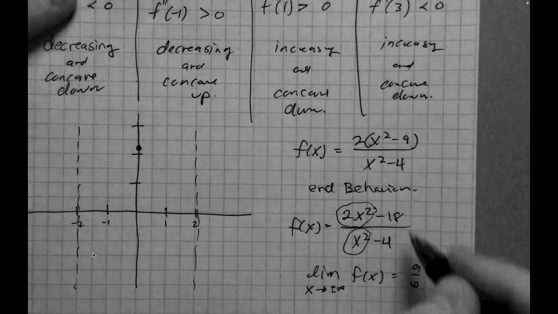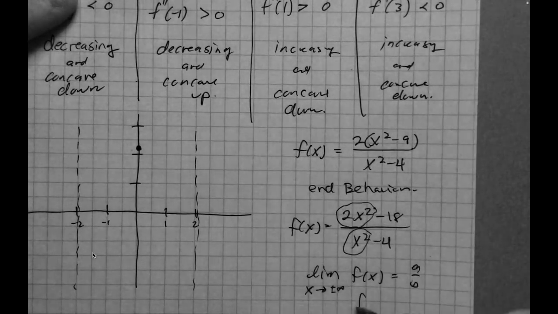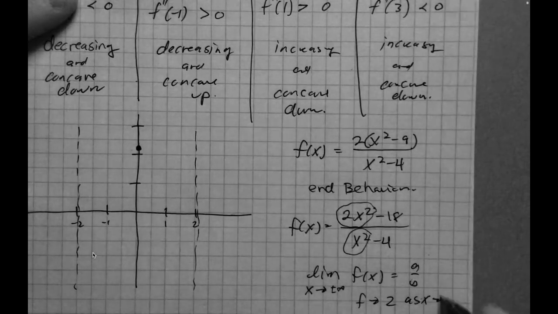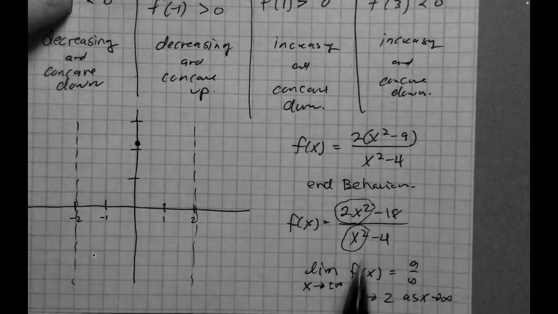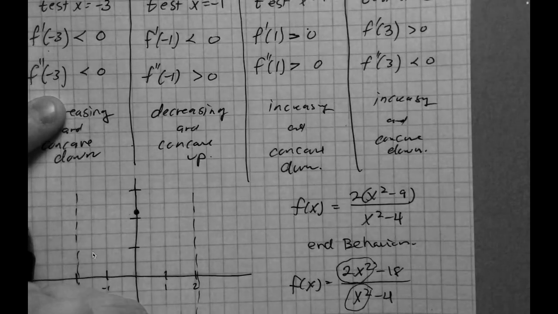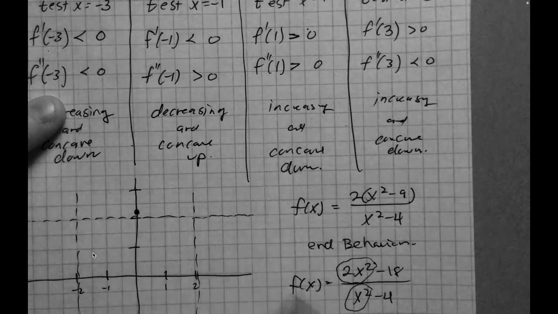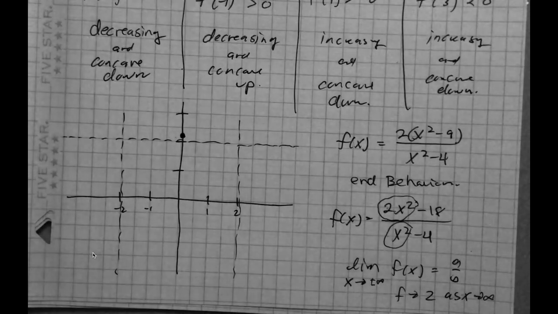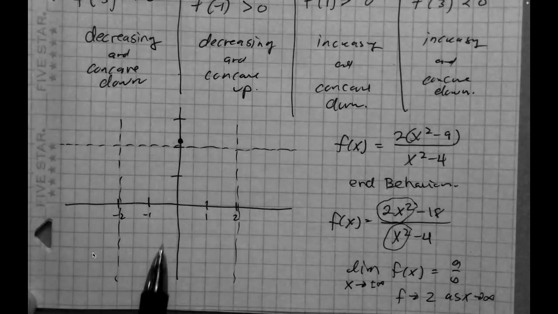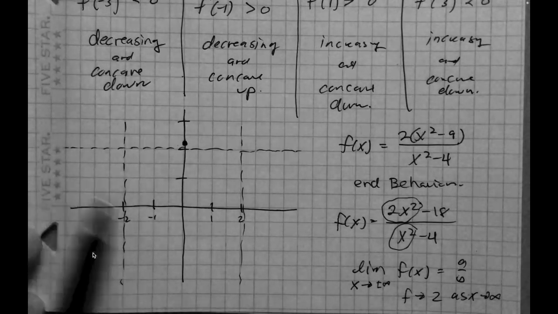And so in this case, f goes to 2 as x goes to infinity. Okay. Right, so you can see 2 over 1 would be the ratio. And so what that basically means is that we also have an asymptote here. Right, so we have a horizontal asymptote there. And okay, so that information there was kind of missing. So that'll tell us kind of what's happening on this side.